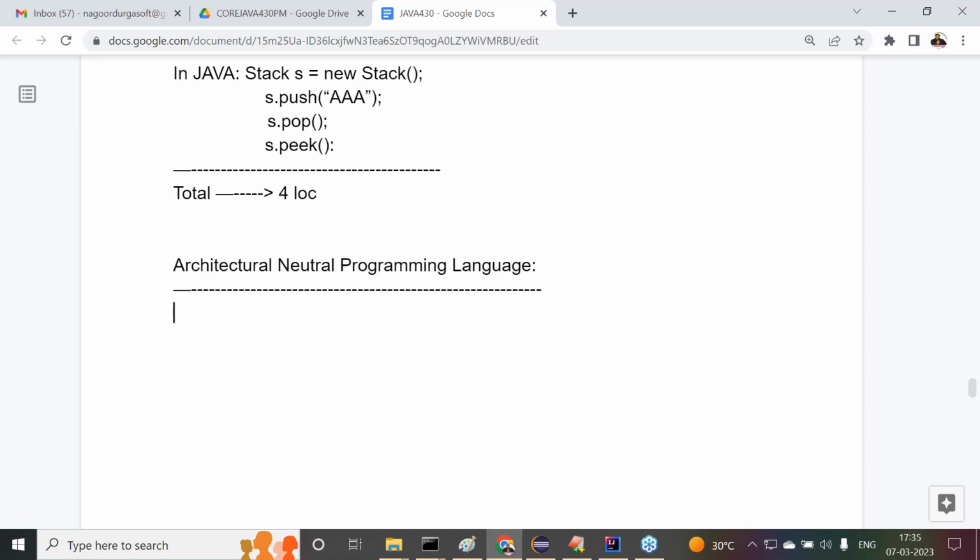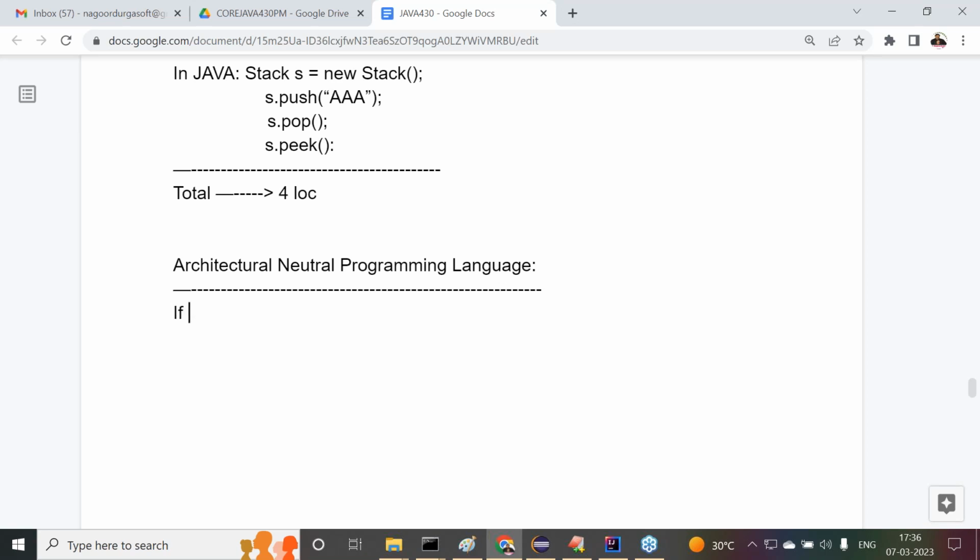It should not be bound with any particular operating system and a particular hardware architecture. It must be available for every hardware architecture. It must be compatible with every operating system. That's why Sun Microsystems has prepared a feature for the new programming language. That is what they call an architectural neutral programming language.